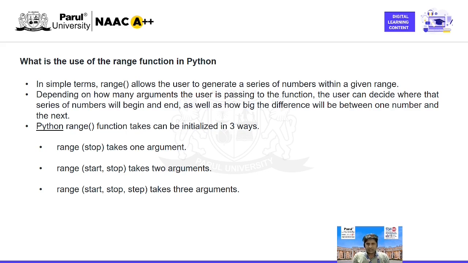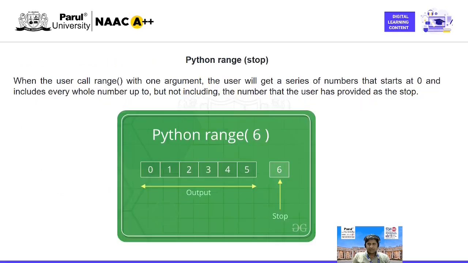So it prints the sequence in between the start value and stop value, and the difference between two numbers is 1. The third one has all three parameters, start, stop and step, and takes three arguments. You have to provide the value of start, the value of stop, and the step value is also provided by the user. According to this, the range function prints the sequence.